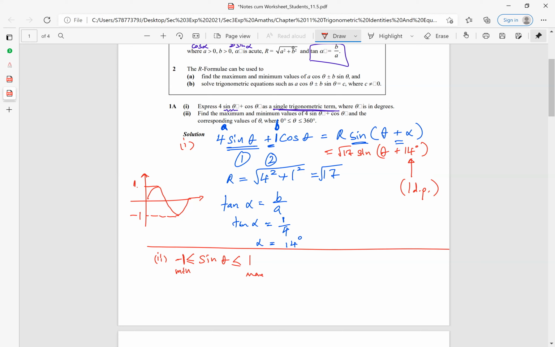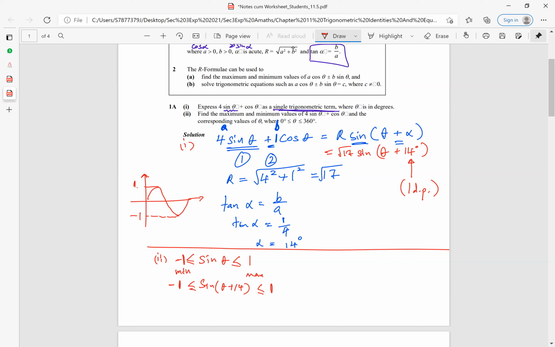Okay, but now the question says, what is the value for this particular part one? So you need to infuse this. First step is to include the 14 degrees. Including the 14 degrees doesn't make a difference. Why? Because it's only going to shift the curve left and right along the x-axis. So this remains the same. The y-axis is unaffected.